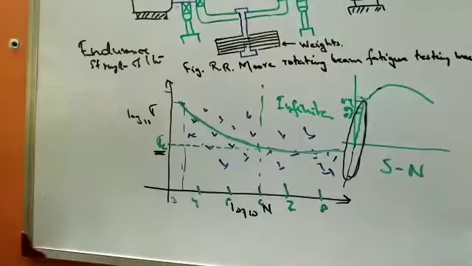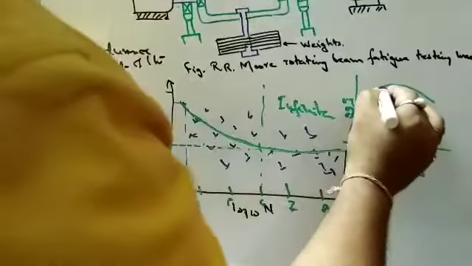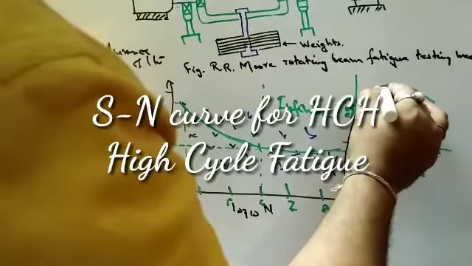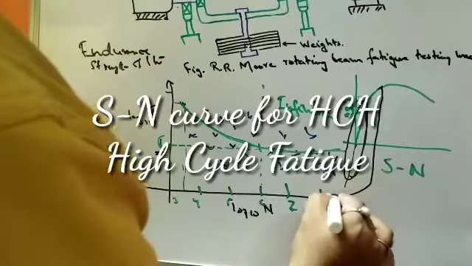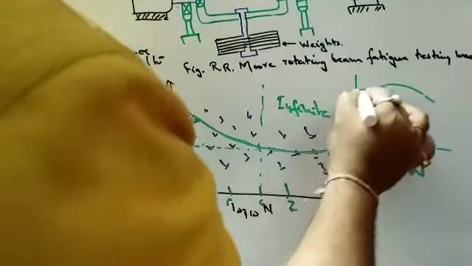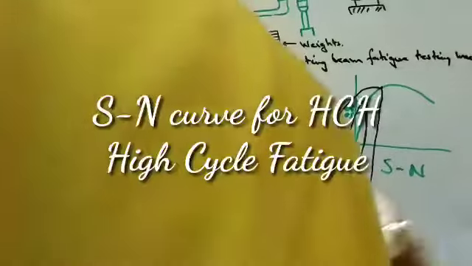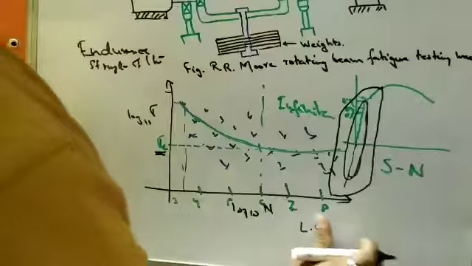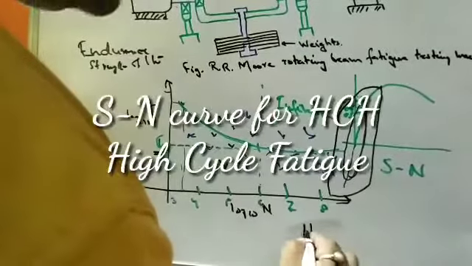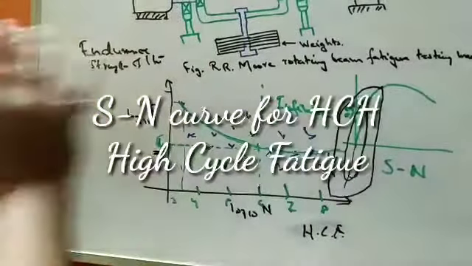The loop is like this. But what will happen if the material has gone beyond the yield strength? If the material goes over there and we apply this sort of loading, we are going for LCF. Sorry, this diagram is for high cycle fatigue. This is the SN curve for high cycle fatigue.